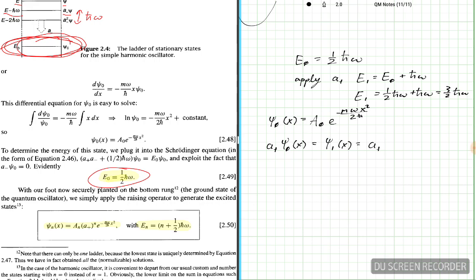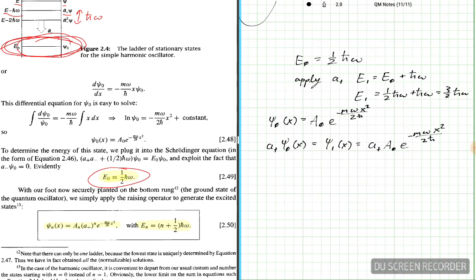So that would be A plus A naught times e to the m omega x squared over 2h bar.